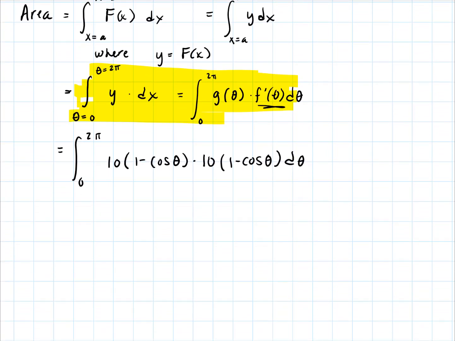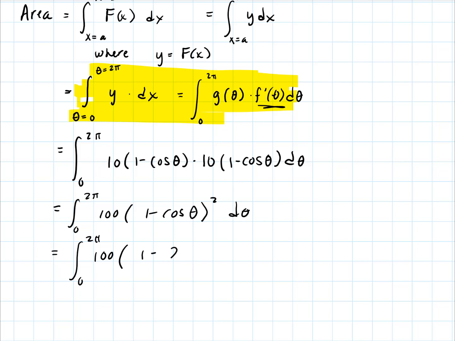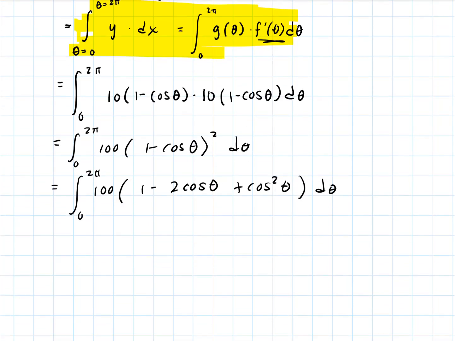And now we just have to do some integration. So we could also practice some integration here. So we've got the integral from 0 to 2 pi of 100 times 1 minus the cosine of theta, quantity squared, d theta. So we'll expand that out. That's going to be the integral from 0 to 2 pi of 100 times 1 minus 2 cosine of theta plus the cosine squared of theta, d theta.